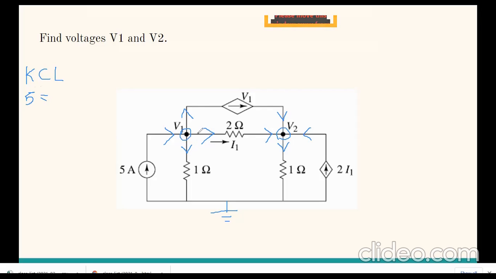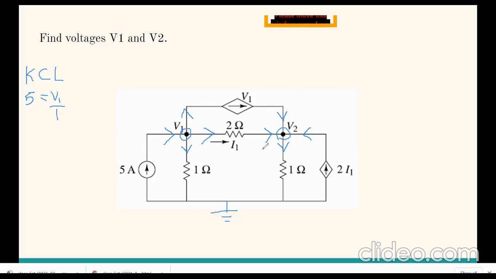Let me start from this. The current flowing through the 1 ohm resistor will be (V1 minus 0) upon 1. Here V1 is the voltage, 0 is the reference voltage and 1 is the value of the resistor. So it is given by V1 upon 1.